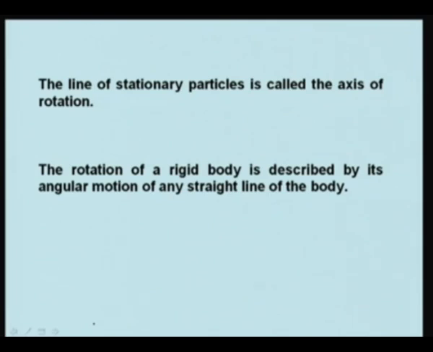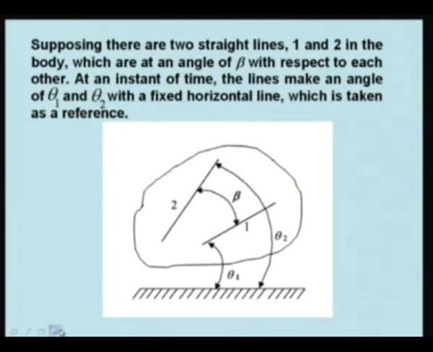The rotation of a rigid body is described by the angular motion of any straight line of the body. Why do we say any straight line? Supposing there are two straight lines 1 and 2 in the body, which are at an angle of beta with respect to each other.